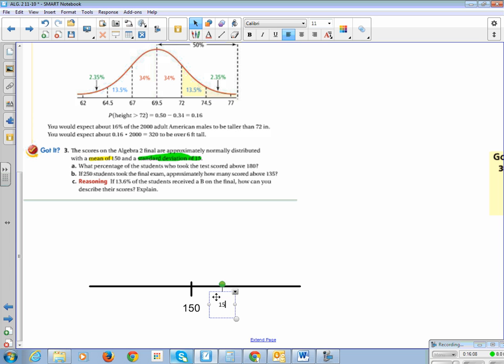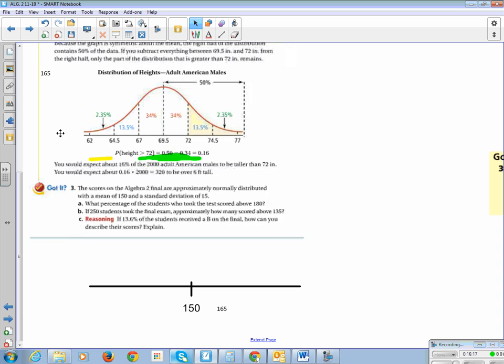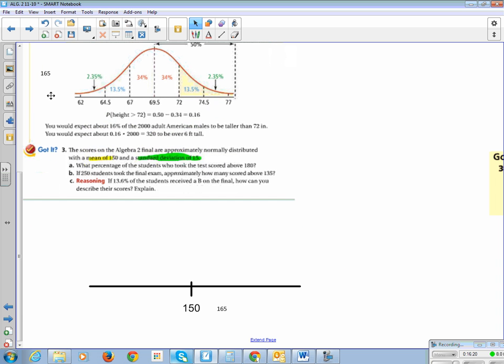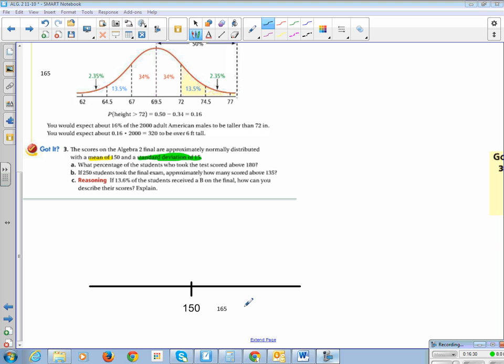So that is 165. And then so then it's a 180, then it's a 195, and then we subtract. 150 minus 15 is 135, and then I got 120, and I have 105.